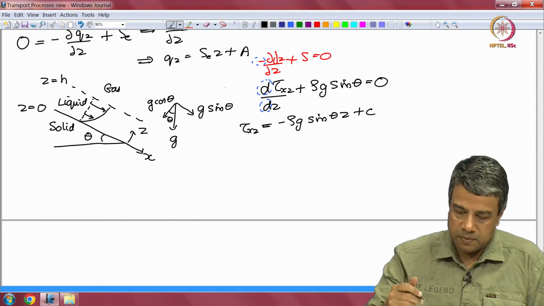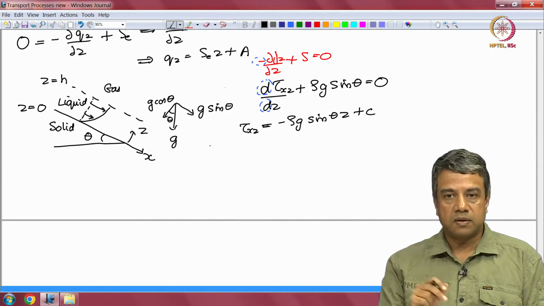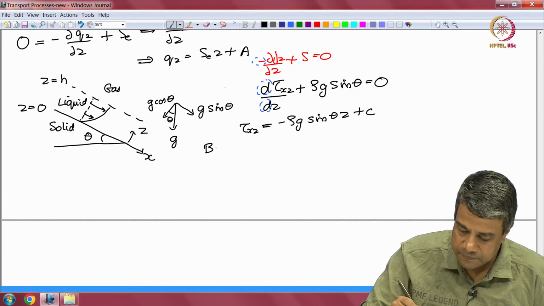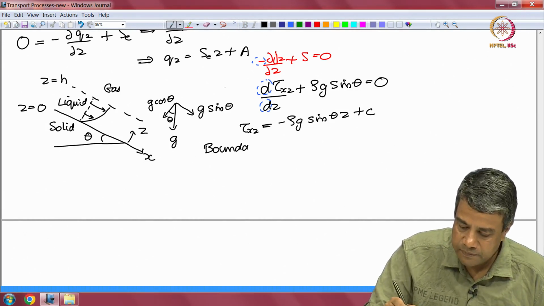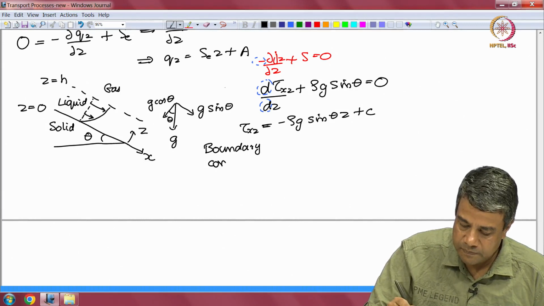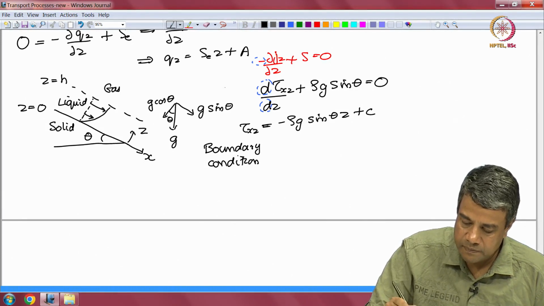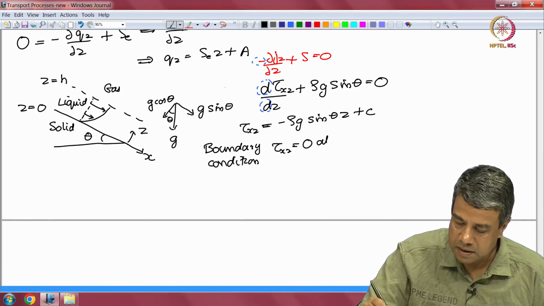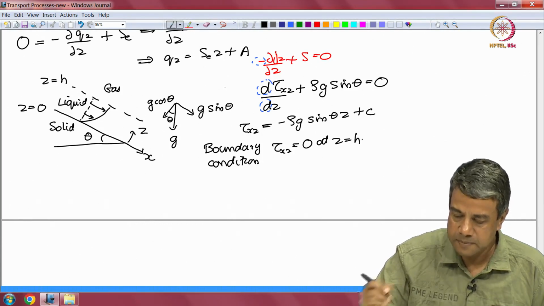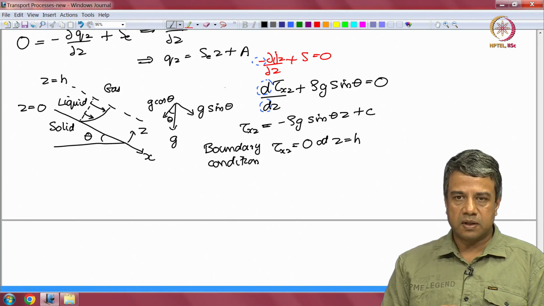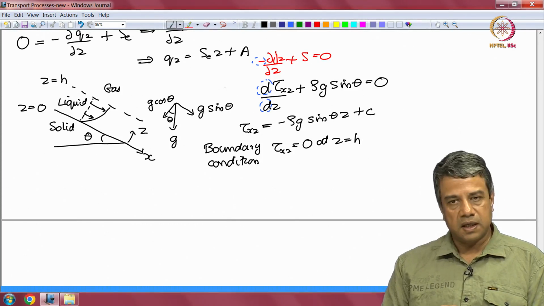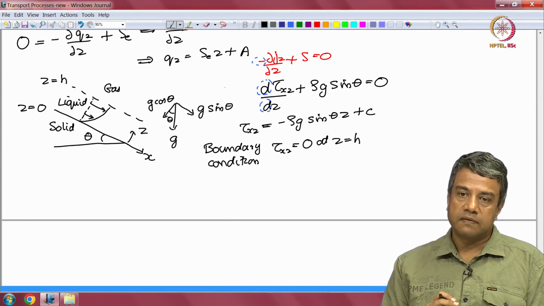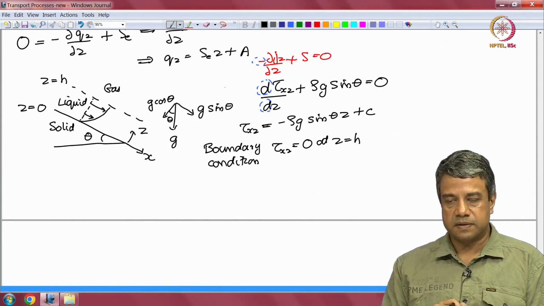Therefore, the boundary condition for the stress, note that this is a first order equation for stress, is tau x z is equal to 0 at z is equal to h. That is the boundary condition for the shear stress at a liquid gas interface. The shear stress has to go to 0, the velocity is non-zero at that surface.